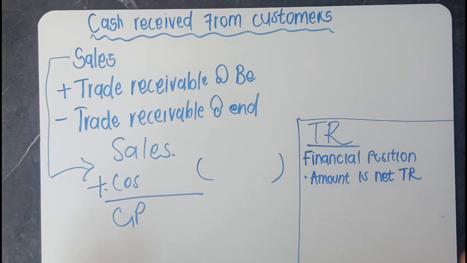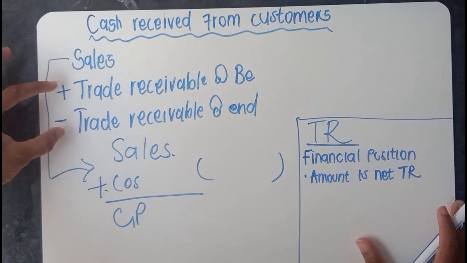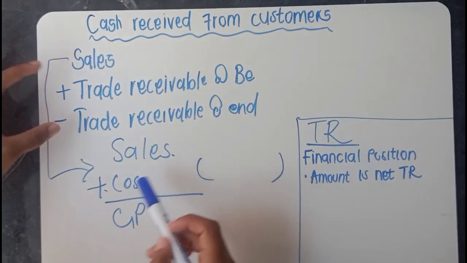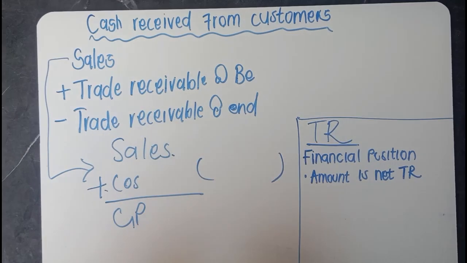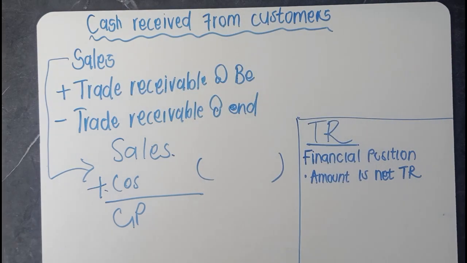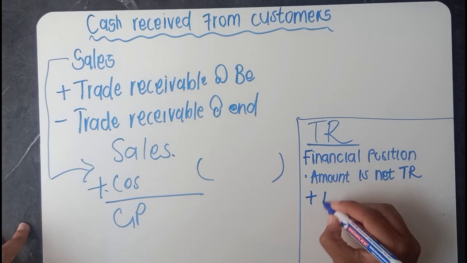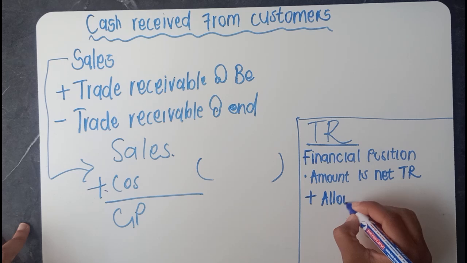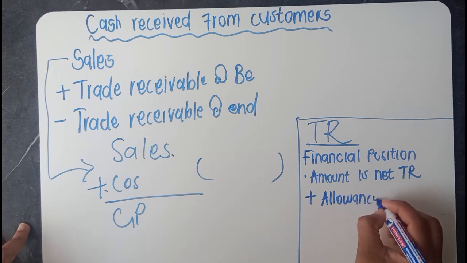So we subtracted that, and in this question of calculating the amount we got from our customers, we have to add it back. We want the full trade receivable amount. So if you have the statement of financial position, the amount is net trade receivables, meaning you have to add back your allowance in order to get the correct amount.